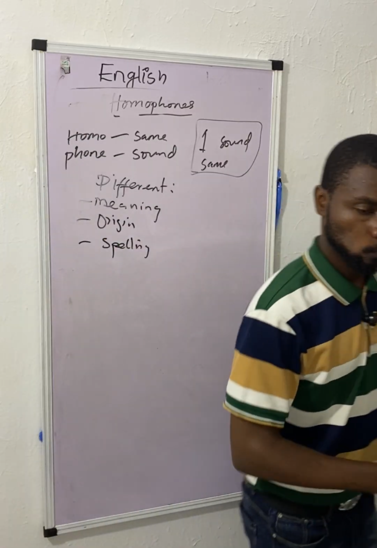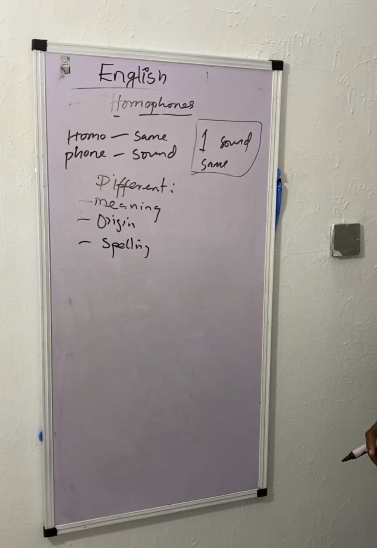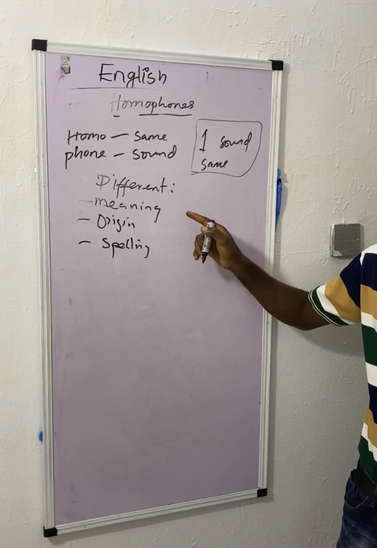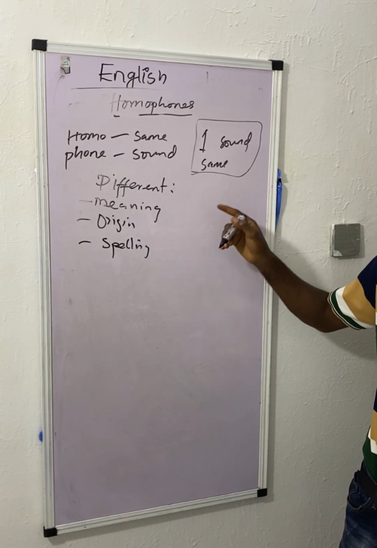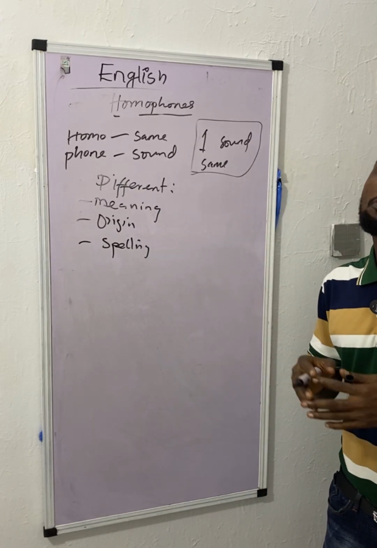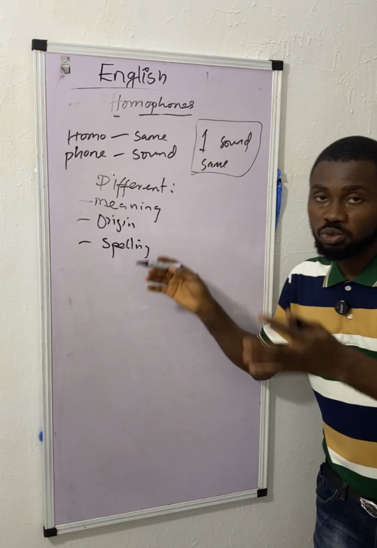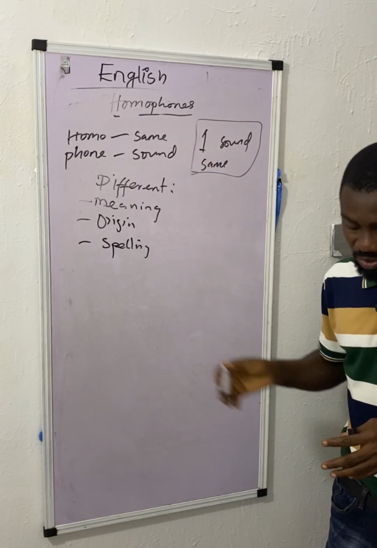Each word that possesses these properties is known as a homophone. But when you say homophones, that's plural, it means all the words that possess these properties.